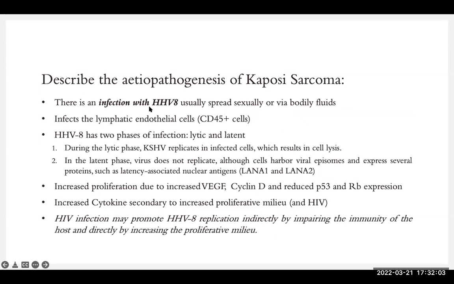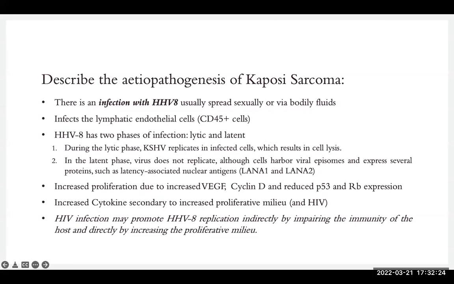So how do we end up with this Kaposi sarcoma? So usually you have to get an infection with herpes 8 virus, or the Kaposi sarcoma associated virus, which is usually spread sexually or via fluids.